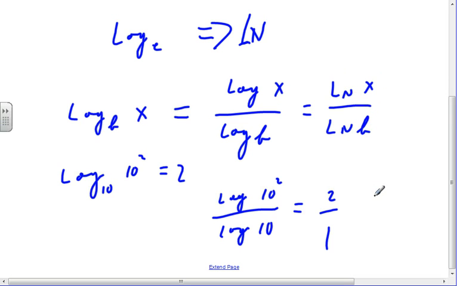Okay, so if I take the natural log of 100 and I divide it by the natural log of 10, I should get a 2. Natural log of 100 divided by natural log of 10, I get a 2. Okay, so this is a very interesting phenomenon in logs.